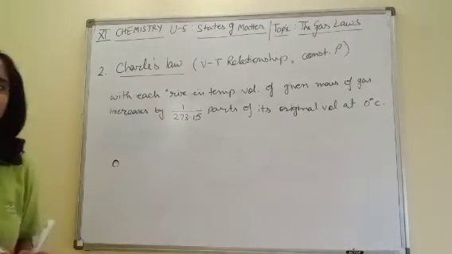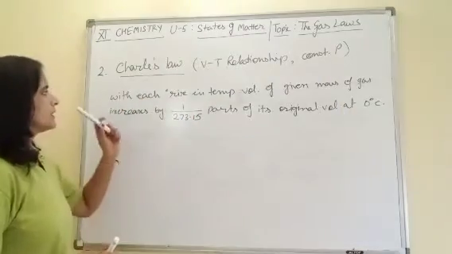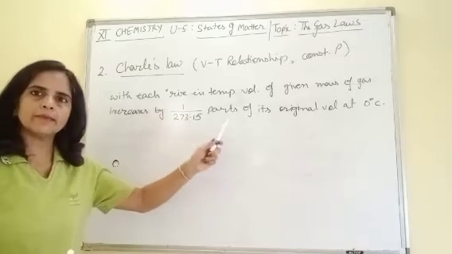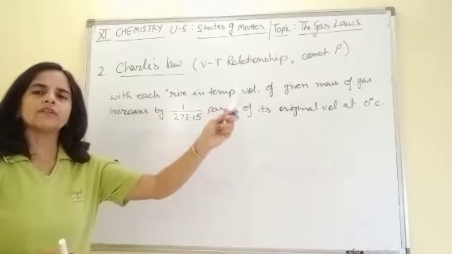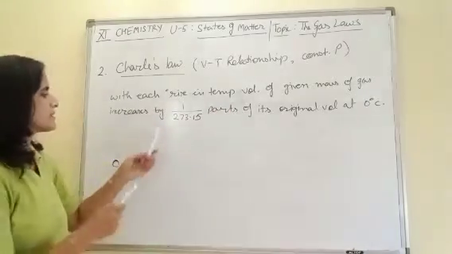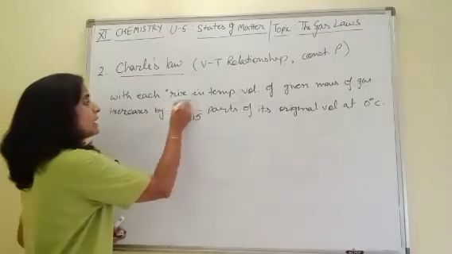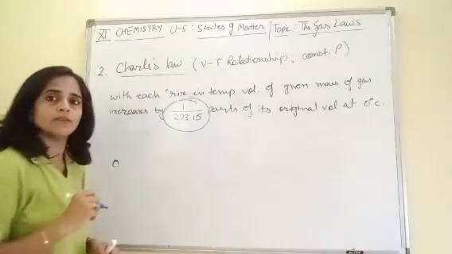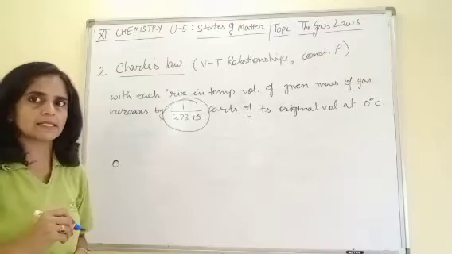Clear? This is another way to express Charles' law: with each degree rise in temperature, the volume of a given mass of gas increases by this many parts of its original volume at 0 degrees Celsius.